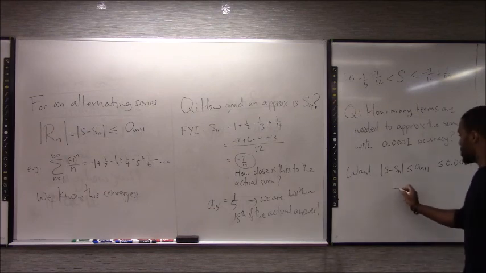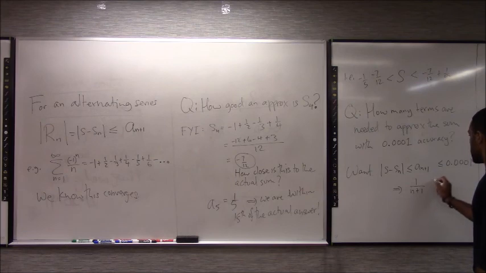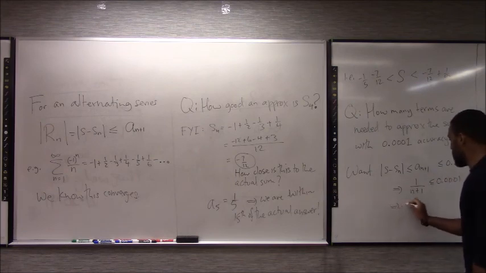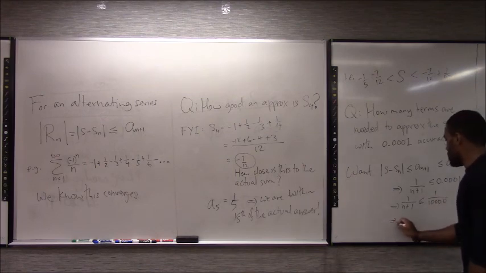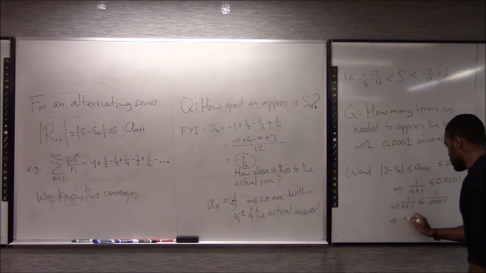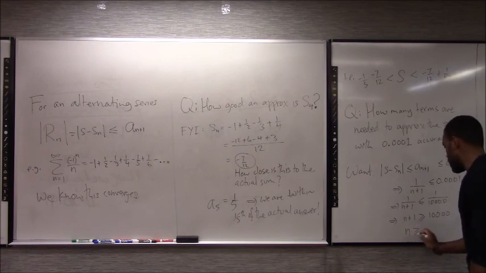In this case my a_n is 1 over n, so I want 1 over n plus 1 to be less than or equal to 1 over 10,000. Flip this, and the inequality sign is going to turn around. This means n plus 1 must be greater than or equal to 10,000, or my n must be greater than or equal to 9,999.